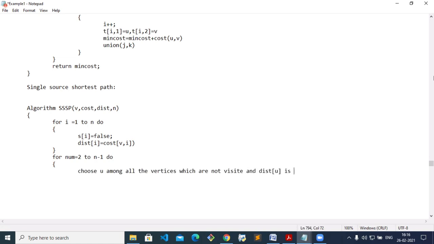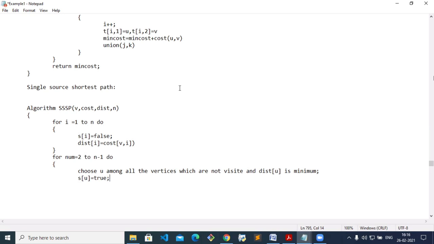That's what we have selected, is it not? Then we make that vertex a known vertex. Known vertex means S of u I'm making true. S of 2 I'm making true. Is anybody having doubt up to this point?